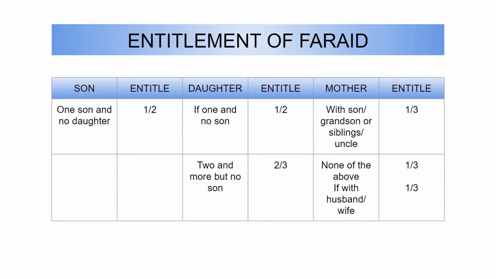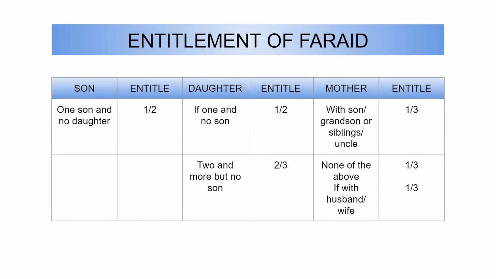For the daughter, if she is the only daughter in the family and there is no son, the daughter is entitled to 1/2 or half of the Faraid. However, if there are two or more daughters but no son, the daughters are entitled to 2/3 of the Faraid.